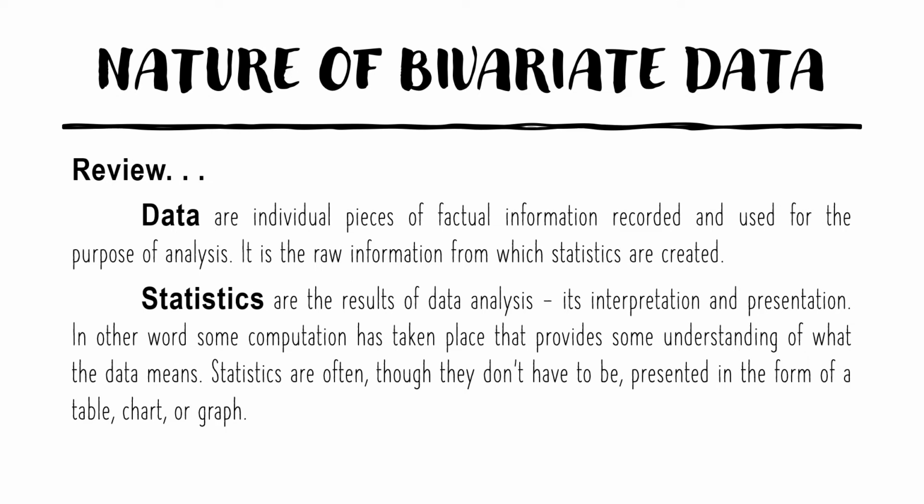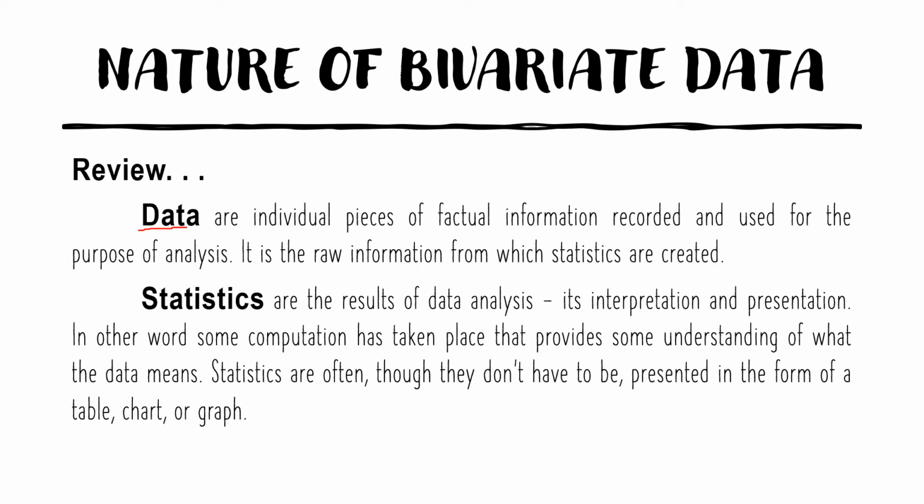So let's deal now with the nature of bivariate data. Before moving forward with the formal discussion, let's have some review about the terms that we discussed from our previous video lesson. First term, data.